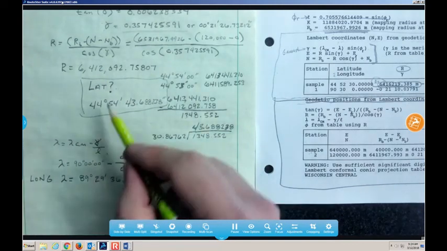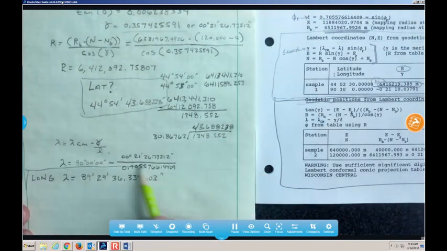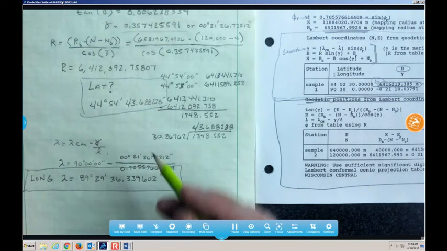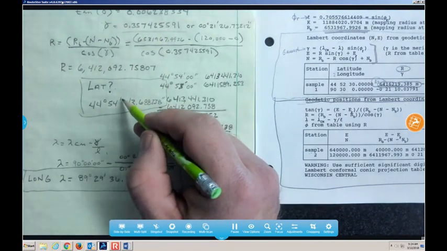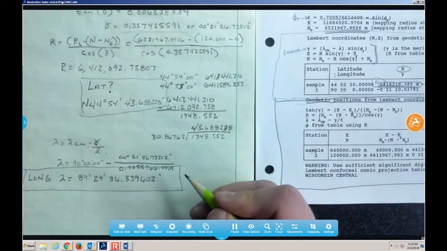So we've figured out our latitude and our longitude. The latitude is a north latitude because it's positive, so we want to make sure we say north latitude.